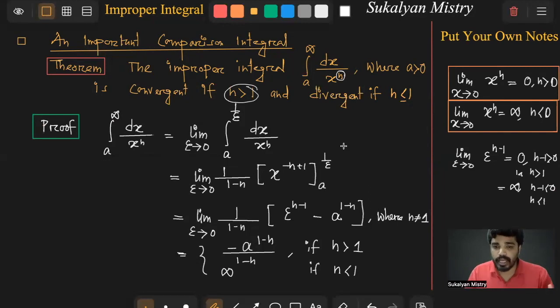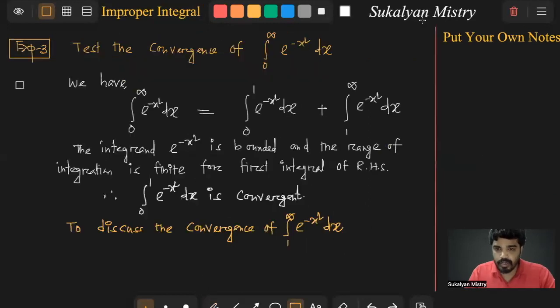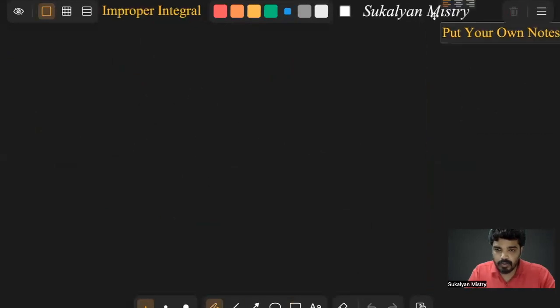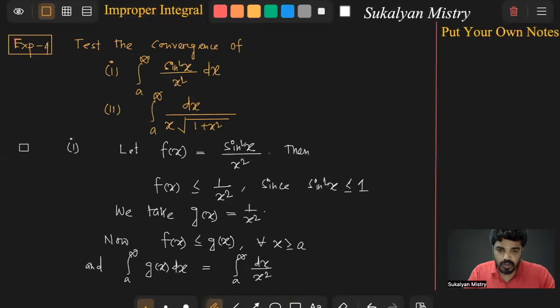So we conclude that the integral a to infinity dx by x square, here n is 2, so this is greater than 1, so this is convergent.